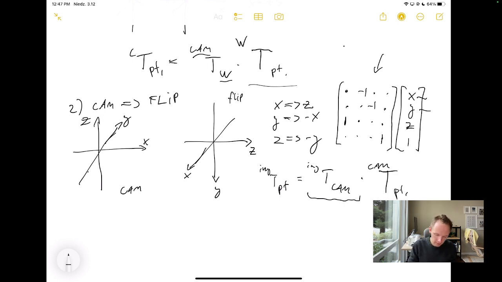So that's nice. In code it will be camera in image, in image frame. If I were really careful about notation, I would say in image frame, but I just make the variable names a little bit shorter. So let's transform this to code. -1 at this position, -1 at this position, and 1 at this position.